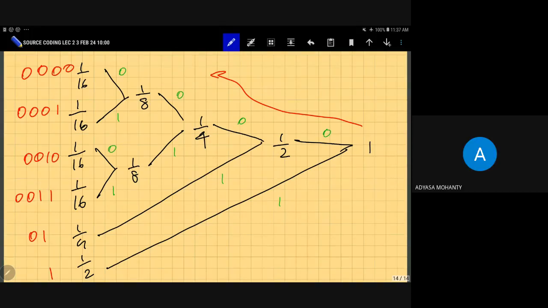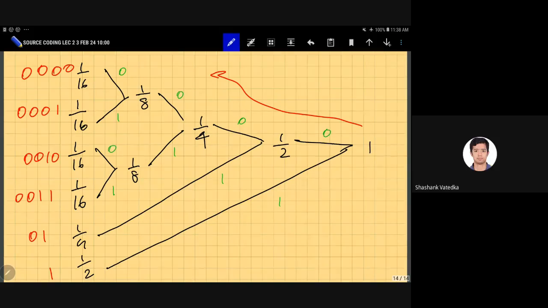Excuse me, sir. Yes. The pairing was very obvious in the sense that these were the only options that could have been paired. But if we had a single alphabet with a probability of 1/8, and after combining these two, we had a probability of 1/8 each, how would we pair in that case?